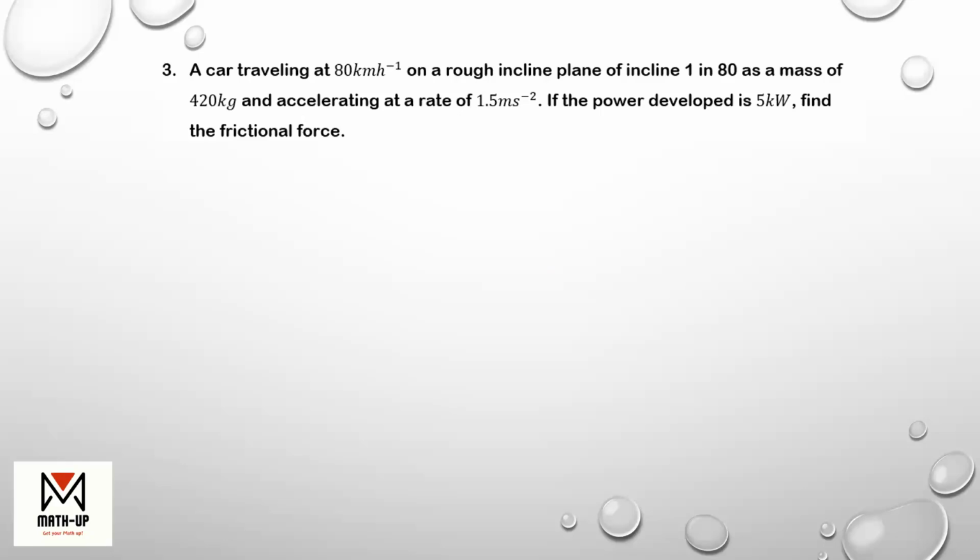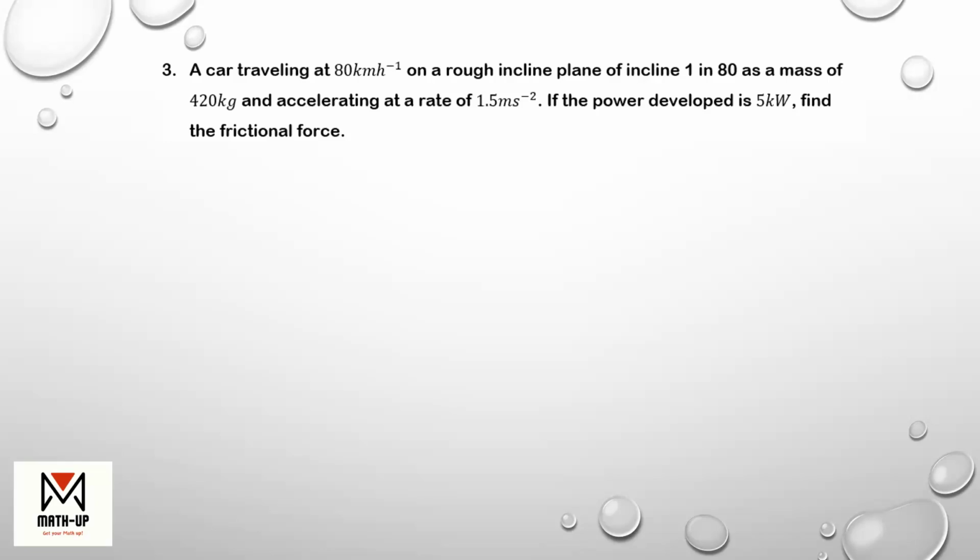Anyway, let's start with the question. It says a car traveling at 80 kilometers per hour on a rough inclined plane of incline 1 in 80 has a mass of 420 kilograms and is accelerating at a rate of 1.5 meters per second squared. The power developed is 5 kilowatts.